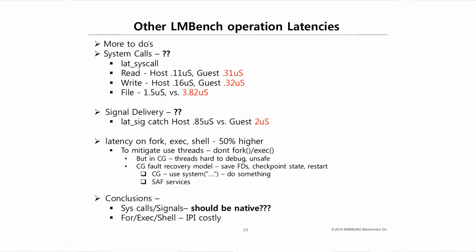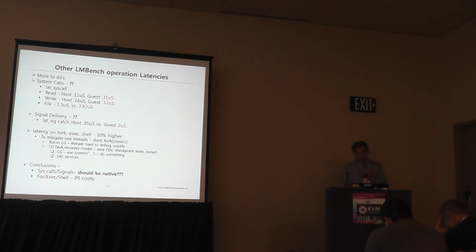And then some odd ones, which I can't explain, from LMbench. System calls, I have no idea, or signal delivery. In my mind, there should be no difference between native and guest. I don't know why the guest is longer than native.